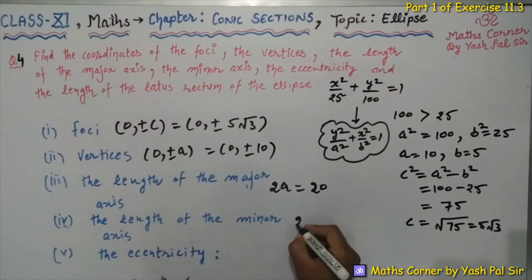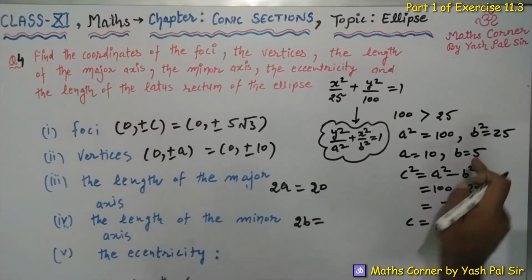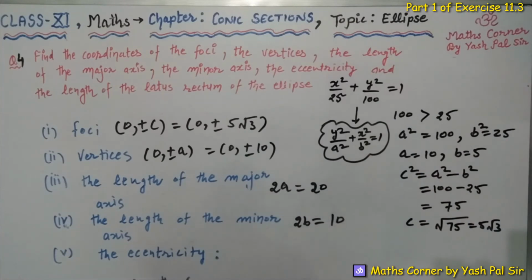Length of minor axis 2b, that is 2 into 5, 10. The eccentricity e is equal to c upon a, which is equal to 5 square root of 3 upon a, which is 10. So this becomes square root 3 upon 2.